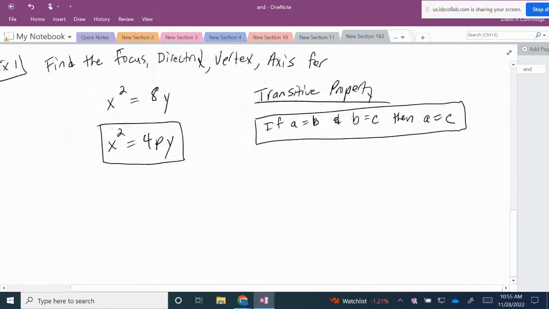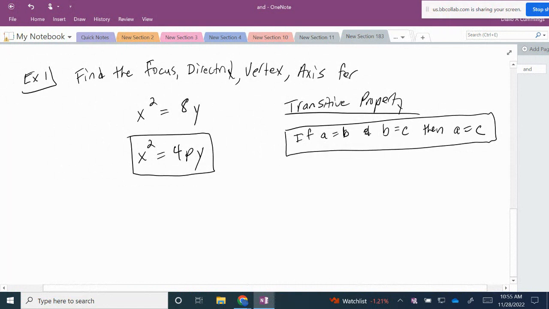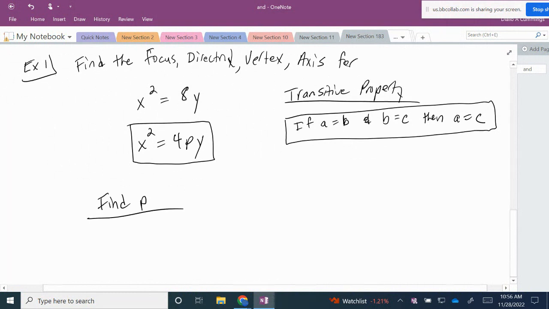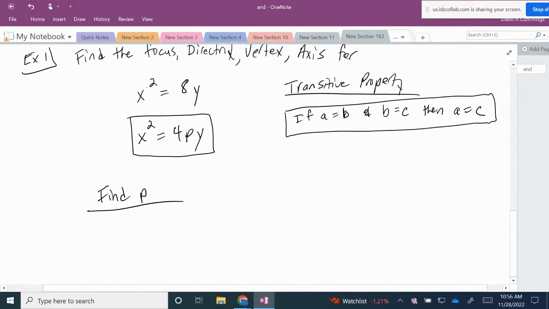All right, so what does that mean? Well, I'm actually going to use my model form to find P. And I'm going to use that transitive property. So this is what the transitive property says. If A, which is x squared, is equal to B, and if A is equal to C, I can set B and C together.